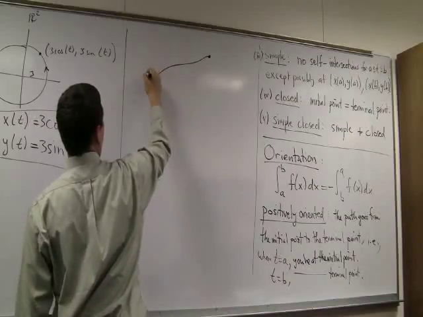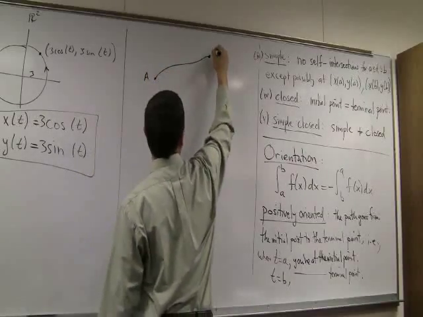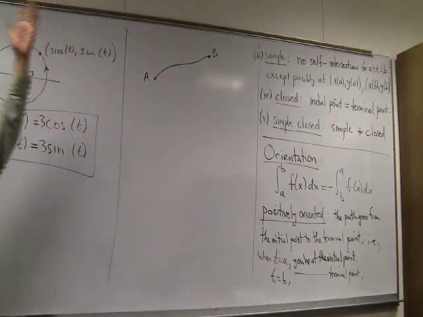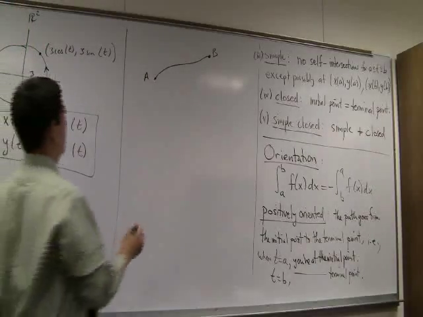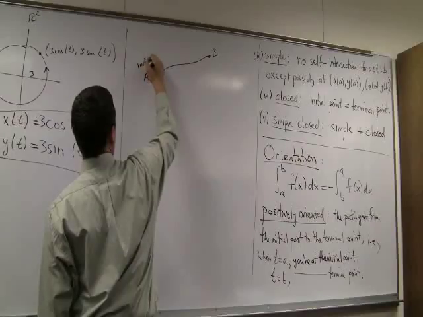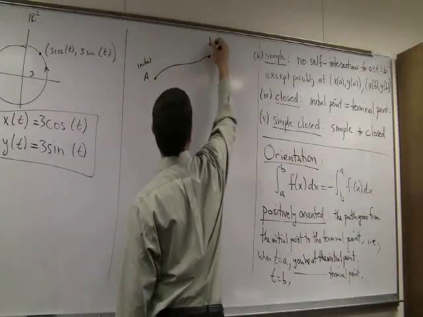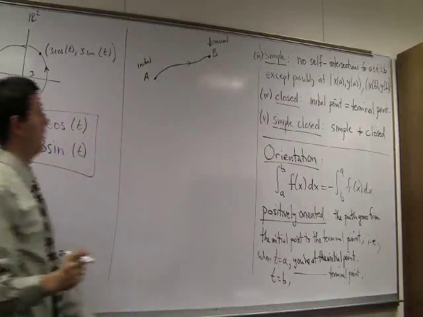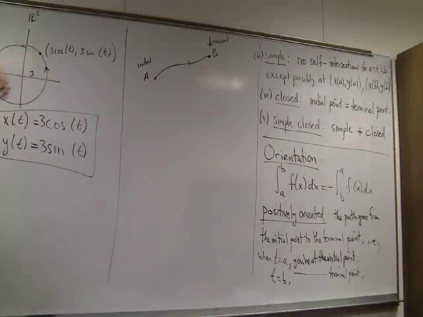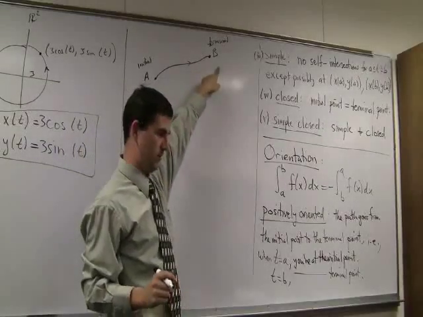So if we call the initial point A and the terminal point B, then this is your initial, this is terminal. Then this curve is positively oriented if your parameterization goes in this direction.